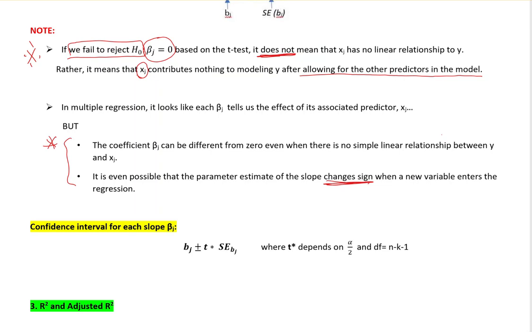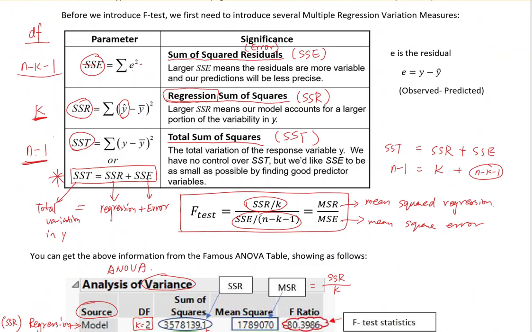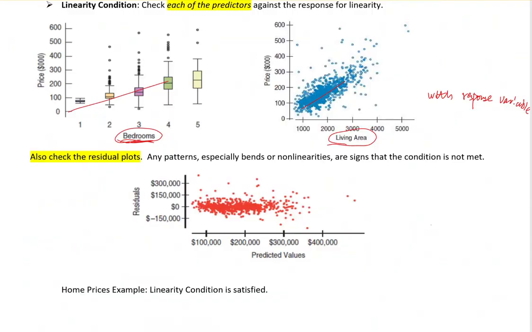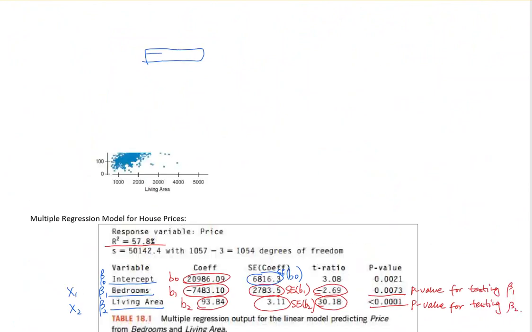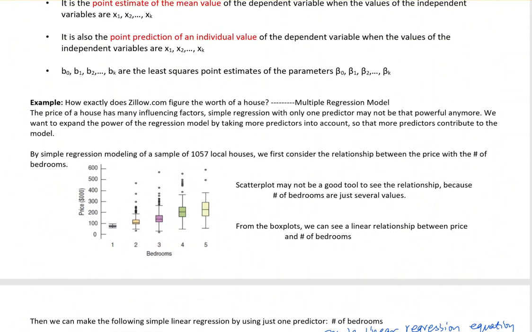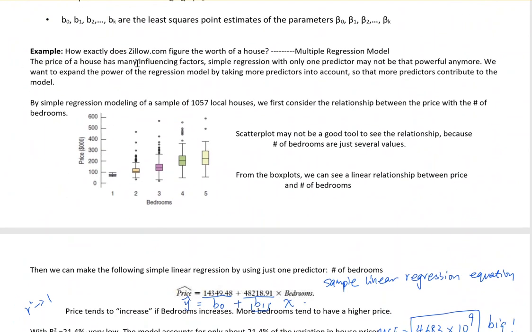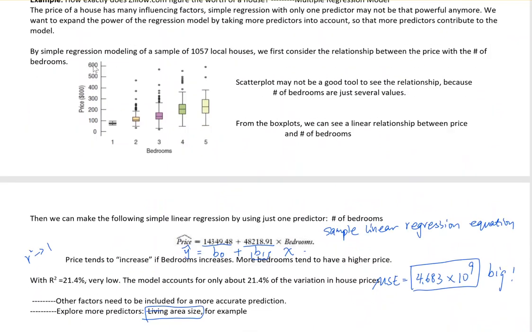We have a good example, right? When we talked about the house price at the beginning, we did the simple regression. For the simple regression, we only have the bedroom in our regression, and the coefficient of the bedroom is positive.